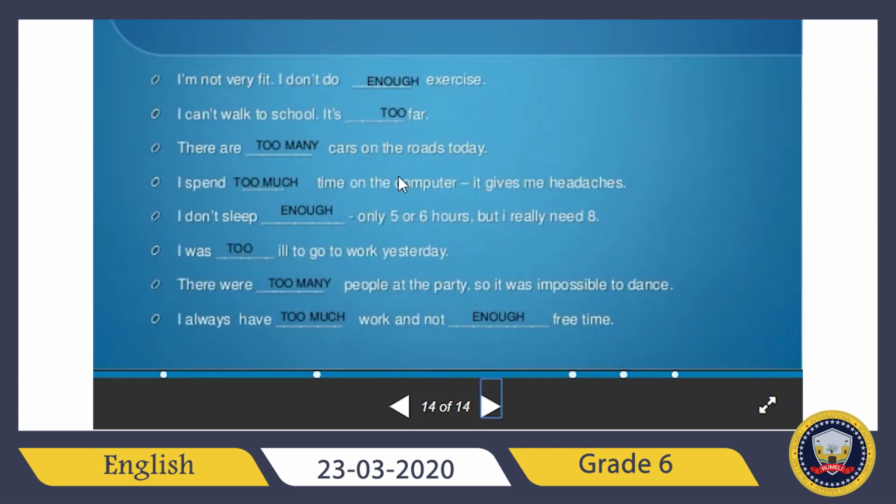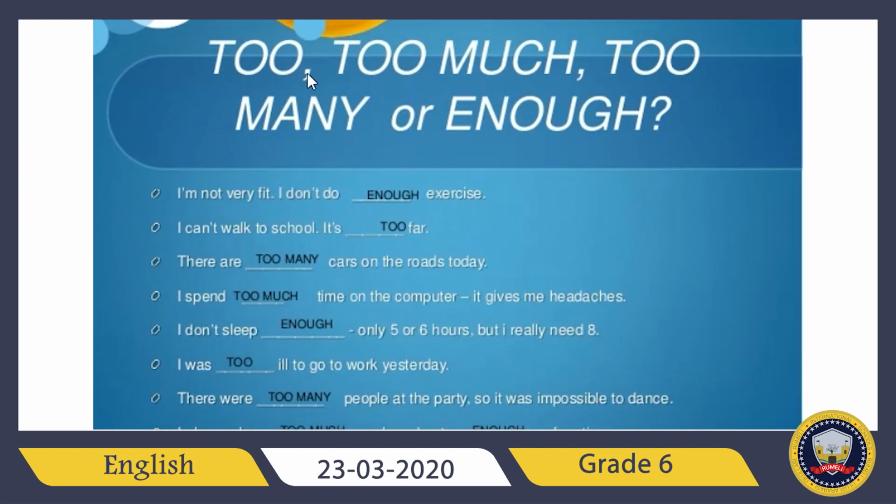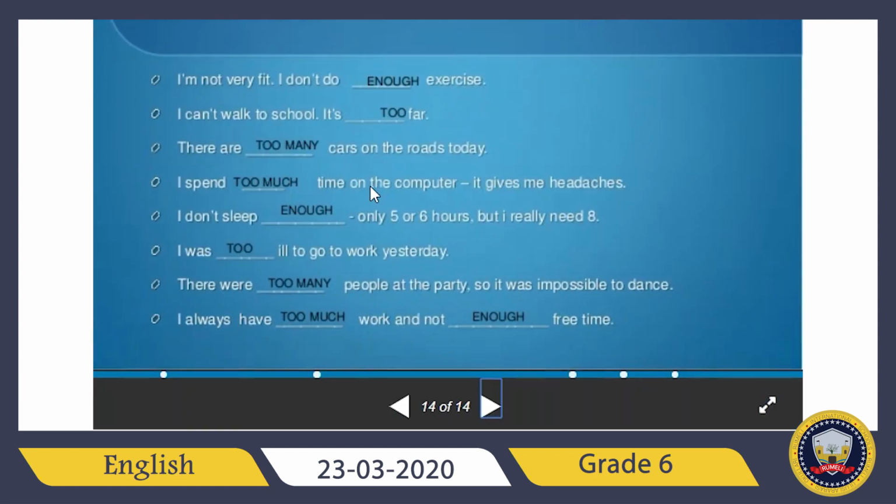Here we have some examples for "too much," "too many," or "enough." For example, "I am not very fit. I don't do enough exercise." Okay, as you see here, there is a noun, so you're supposed to bring "enough." "I can't walk to school.